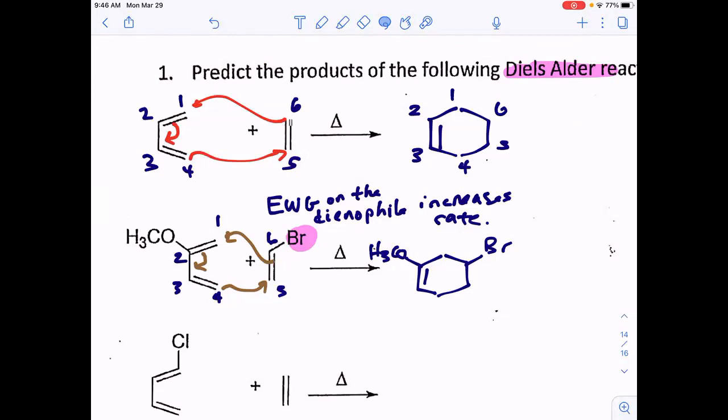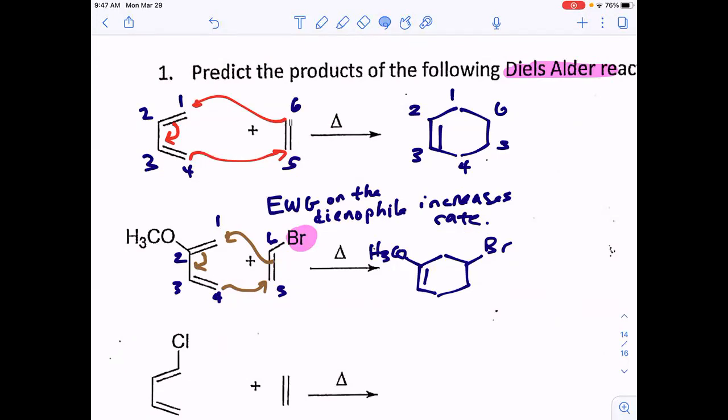There's a list of electron withdrawing groups and the ranking of which one is best, which one is worse, in the video that I'm going to send today. So you'll be able to see that. But any acceptor, any electronegative atom is going to increase that rate.